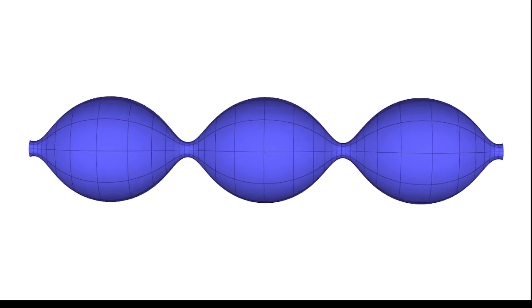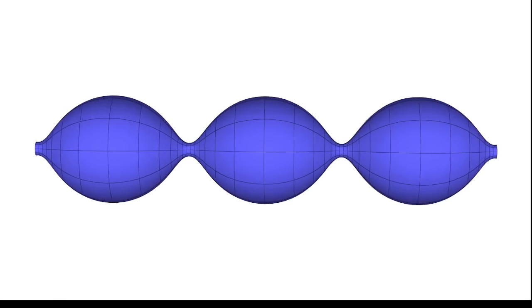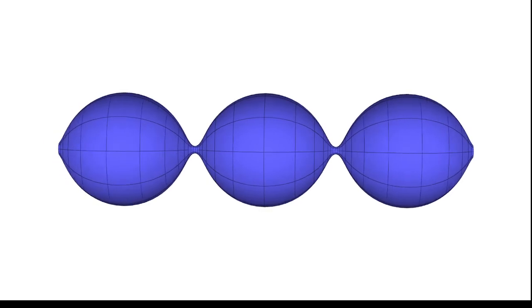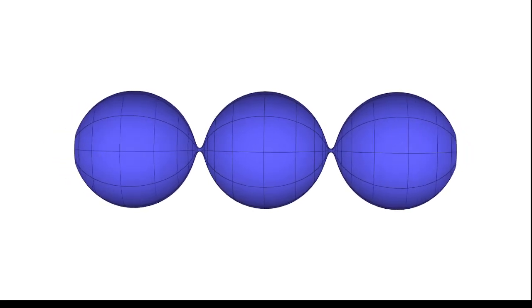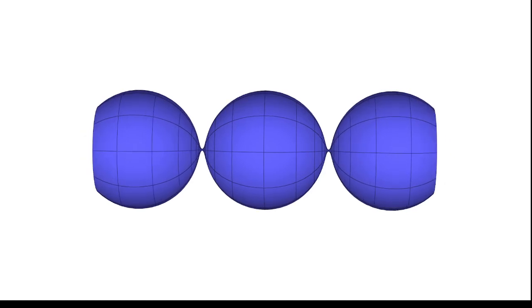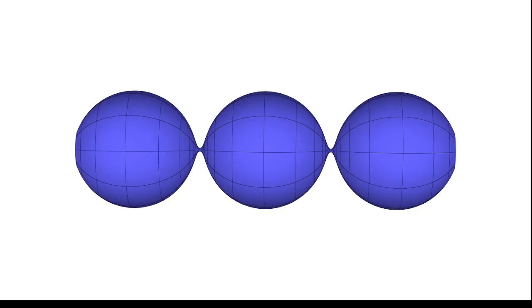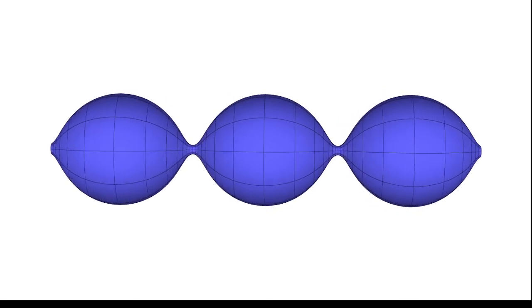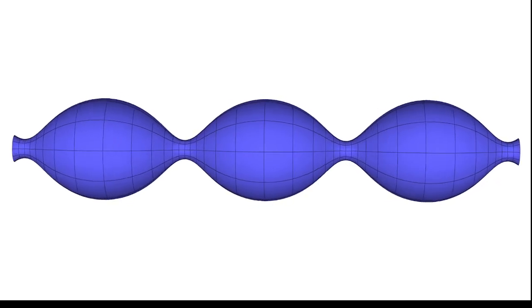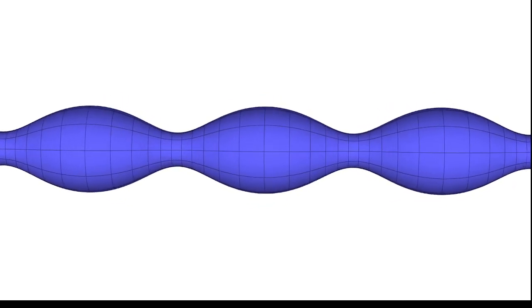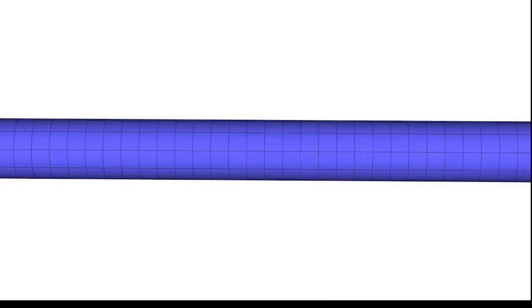Remember that you even have freedom in the parameters R and S in the DPW potential, which allows you to deform the Delaunay surface by changing its weight. So this is a Delaunay surface with very small weight, and you can increase this weight to have a one-parameter family of Delaunay surfaces, converging to a nice cylinder.